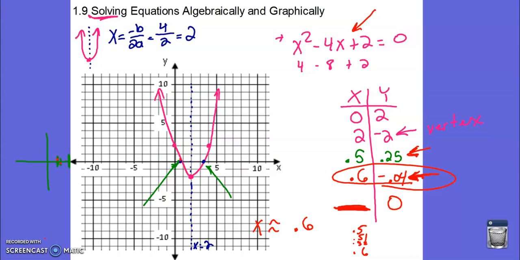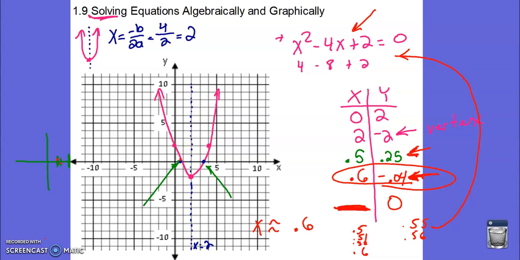I would have to literally try 0.55, 0.56, and plug them into this equation and see which one is closest to 0. And then that would be to the nearest hundredths place. It's just a bunch of calculations you would have to do. But again, you can do it without a graphing calculator.